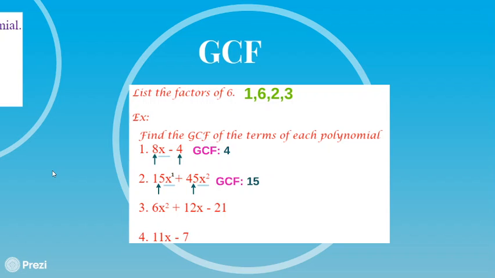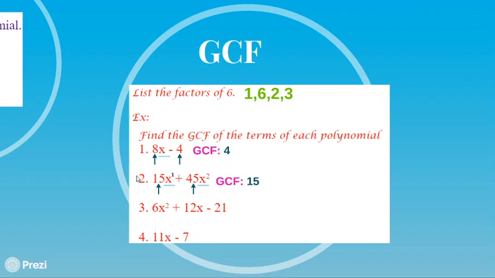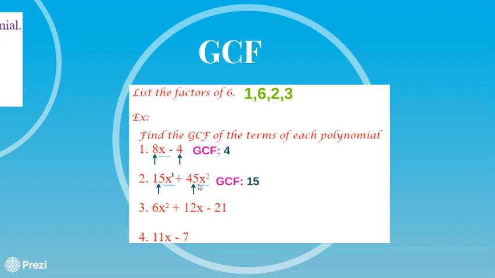Don't forget, if you ever have an x without an exponent, secretly there's a 1 in the exponent. The greatest common factor is the largest number or variable that you can divide into every single term. If the first term has 1 x and the second term has 2 x's, and I'm trying to grab the same number of x's from each term, what is the largest number of x's I can grab?